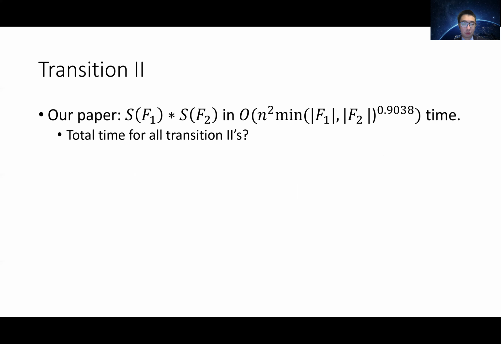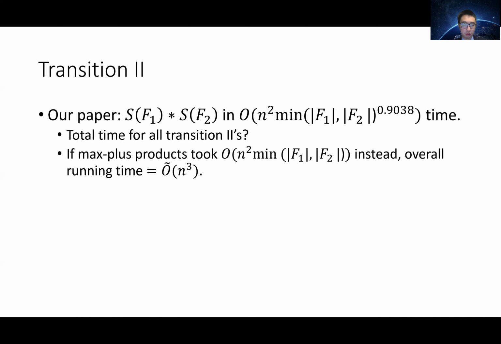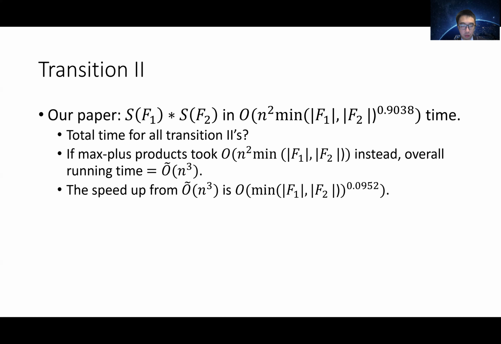So what does this say for the total time for all second type of transitions? If instead the max plus product took O(n) squared times the min of the size of f1 and the size of f2, then the overall running time would be exactly cubic. Therefore, the speedup from cubic is equal to O(n) times the min of the size of f1 and the size of f2, to the 0.0952.